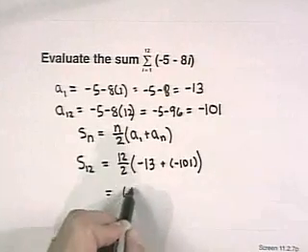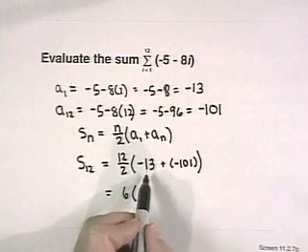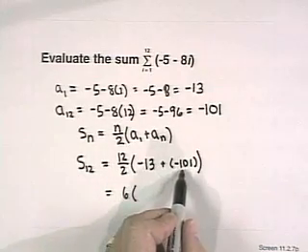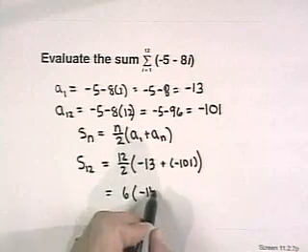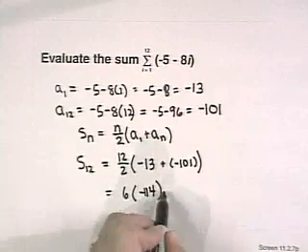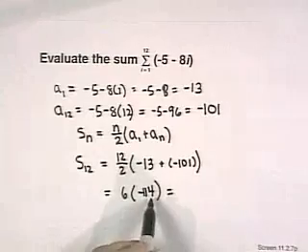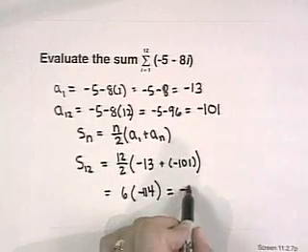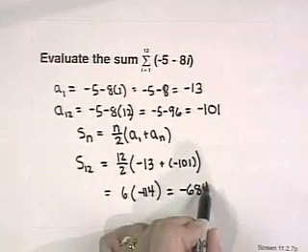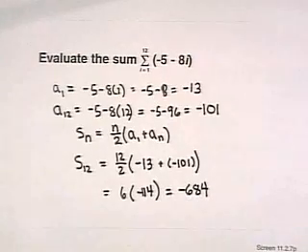That equals 6 times the sum of negative 13 and negative 101, which is negative 114. And 6 times negative 114 is negative 684. I hope that's the solution you got to that problem.